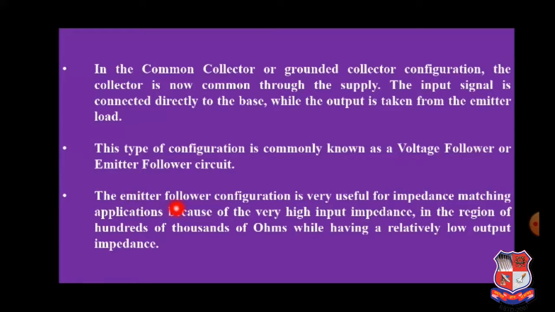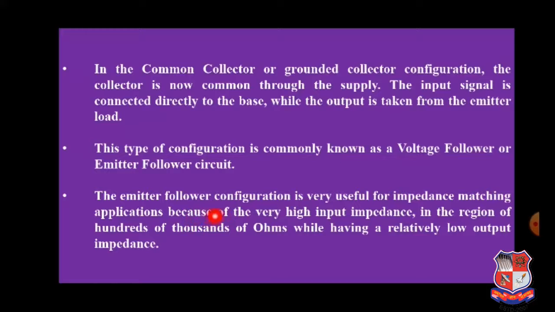The emitter follower configuration is very useful for impedance matching. Now what is impedance matching? Whatever the input impedance is, it is matched to the output impedance, and hence such a process is known as impedance matching.